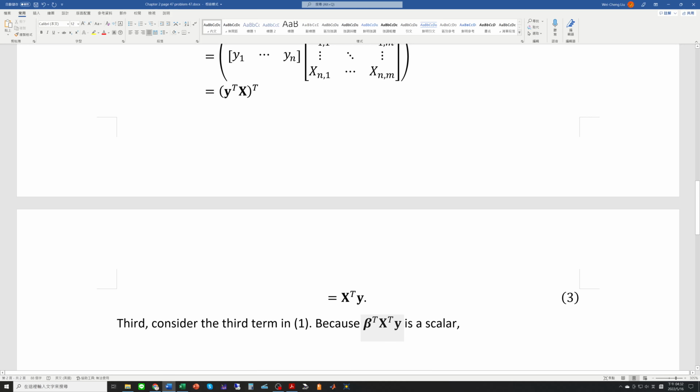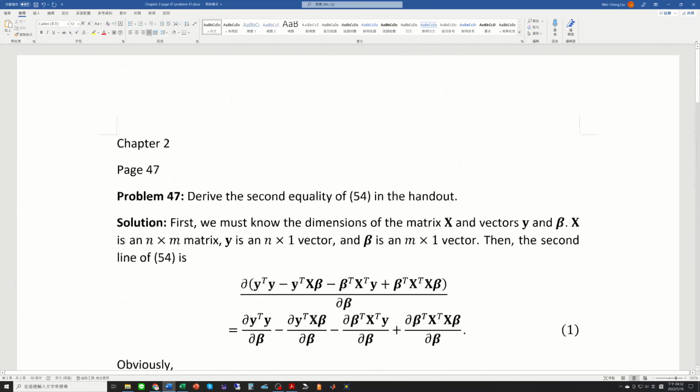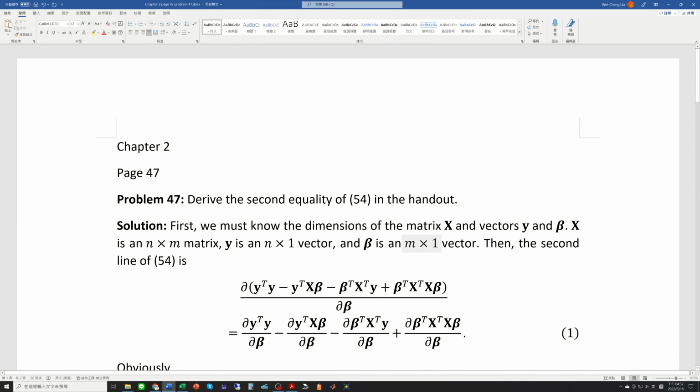So why is this term equal to a scalar? Because let us see, beta is an m by 1 vector, so beta transpose is a 1 by m vector, and X is an n by m matrix, so X transpose is an m by n matrix, and Y is an n by 1 vector.